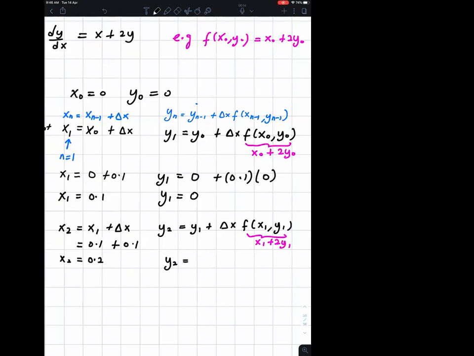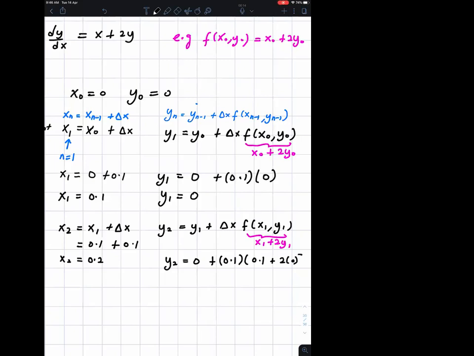Delta X? 0.1, sir. Then X1 plus 2Y1? X1 is 0.1, and Y1 is 0. Okay, 2 times 0 is 0.